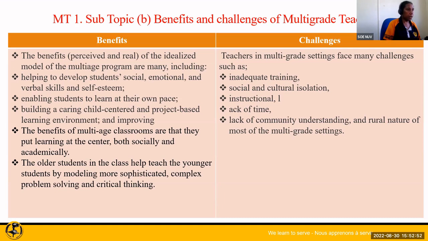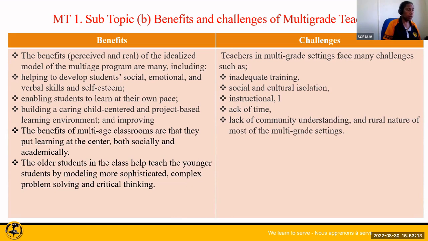The next one is lack of time. Sometimes teachers run out of time trying to complete everything because they want to help each and every single child in the room. And the last one is the lack of community understanding and the rural nature of most multi-grade settings.